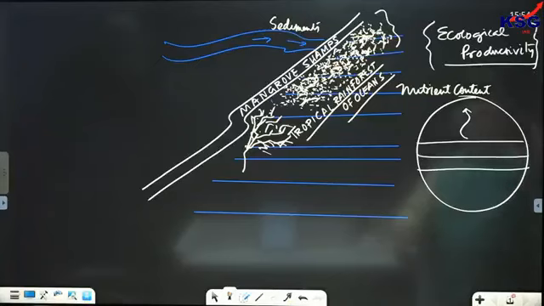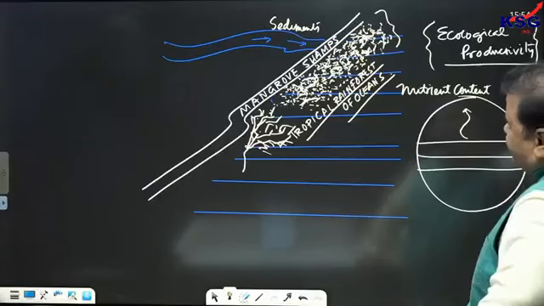And what are they? They are nothing but autotrophs. Write down: they are autotrophs responsible for photosynthesis.